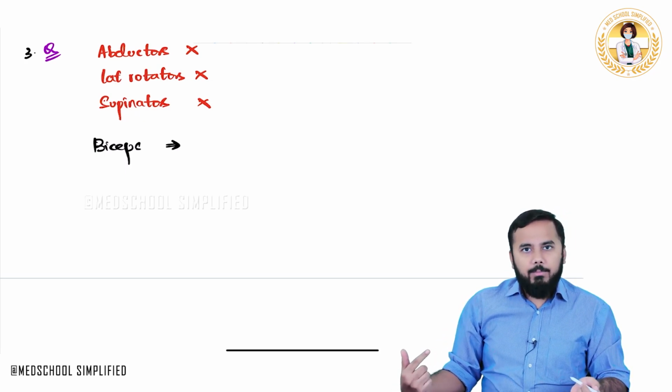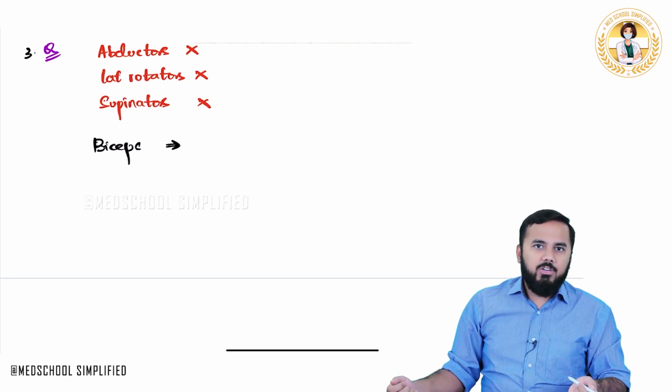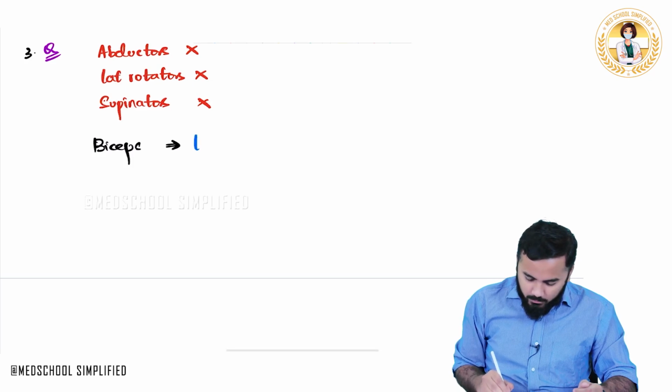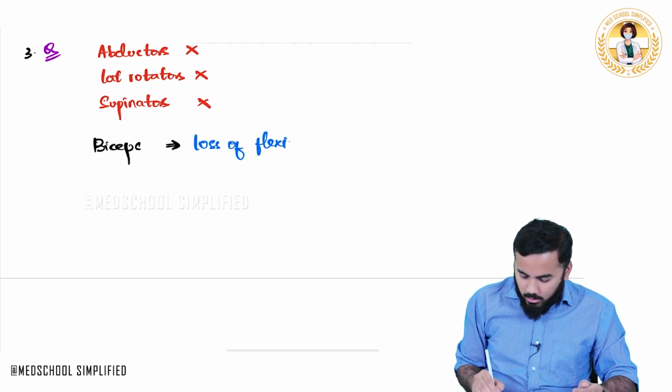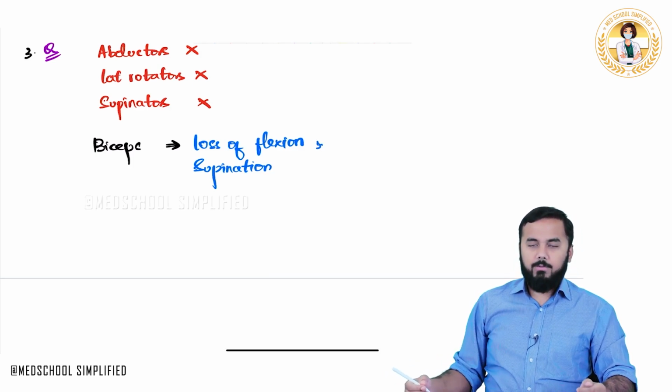So can I tell that in Erb's there is a problem with the functioning of biceps? Yeah. So, loss of flexion and supination function.